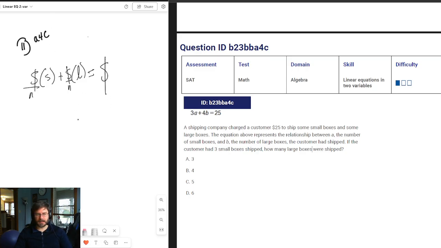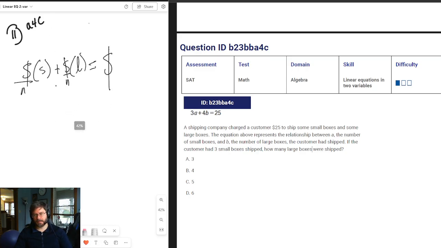I'm kind of being a little loose with my units there, so forgive me if it's not quite as precise as a mathematician would want it to be, but I'm just trying to be natural language here. So $3 per small box times the number of small boxes, 3 of them, plus $4 for each large box times the number of large boxes equals 25, we can very easily solve for the number of large boxes.